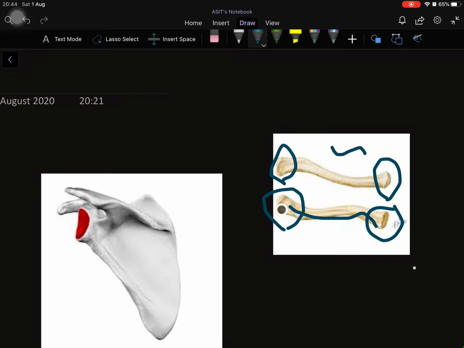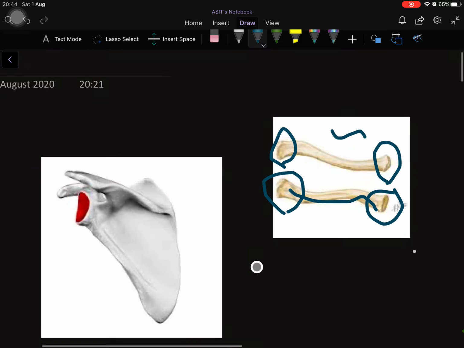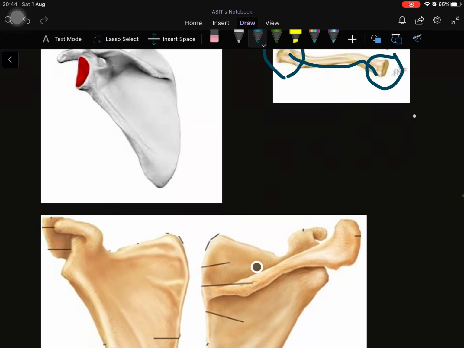This larger part is always connected with the sternum. This point must always be remembered. So if you hold it with the larger part towards the sternum, it will automatically be in the correct anatomical position. Then we will go to the scapula.